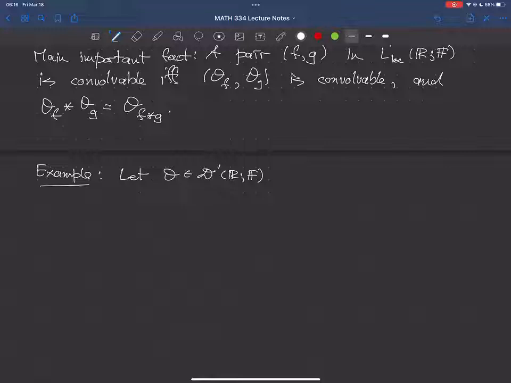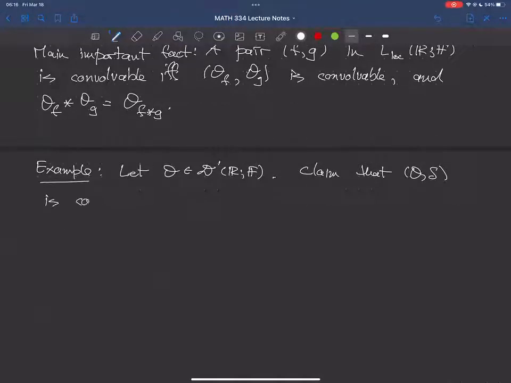In other words, the Dirac distribution acts as a unit with respect to the convolution product. So we claim that theta and delta are convolvable, and that theta convolved with delta is theta.